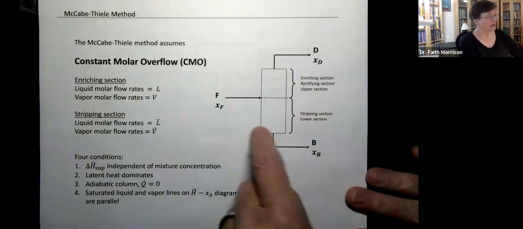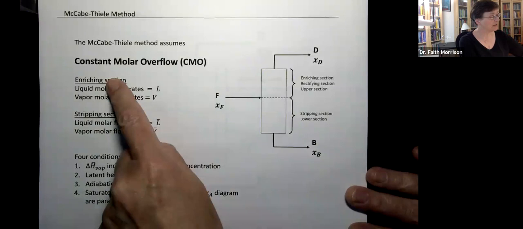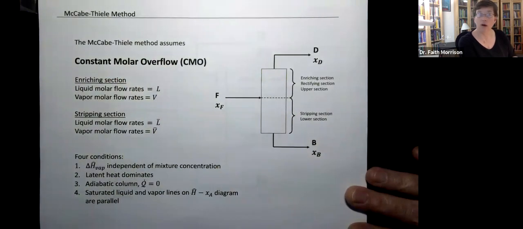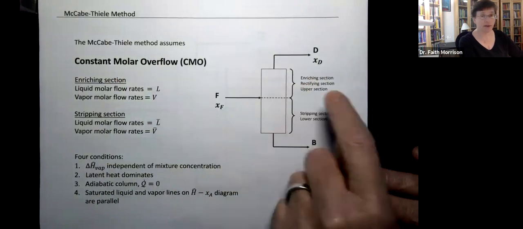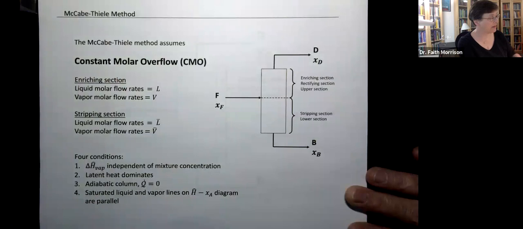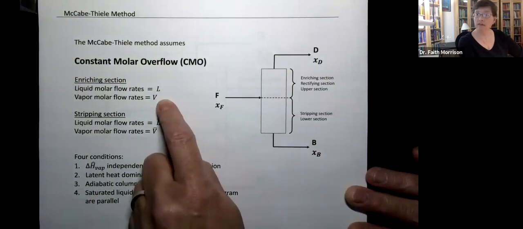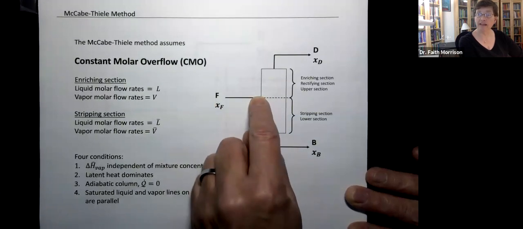So here is my schematic of binary distillation, and the McCabe-Thiele method uses the assumption of constant molar overflow, which indicates that the liquid and gas flow rates in the upper section, or the enriching section, of the distillation column will be represented by a single liquid flow rate and a single vapor flow rate that's independent of which tray you're in, as long as you're above the feed.